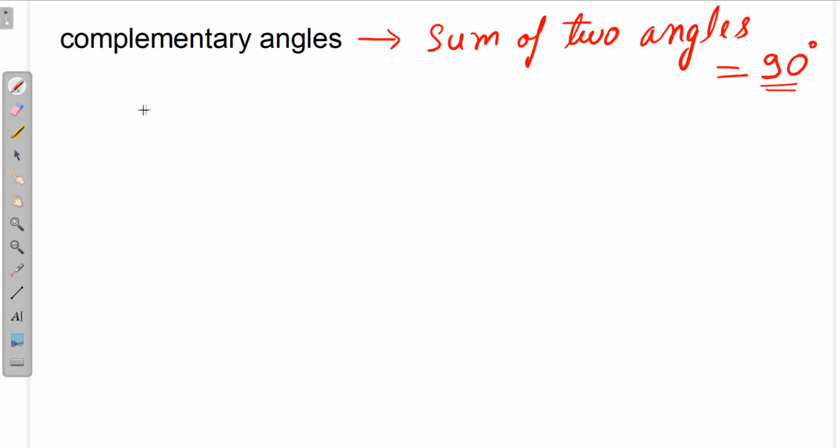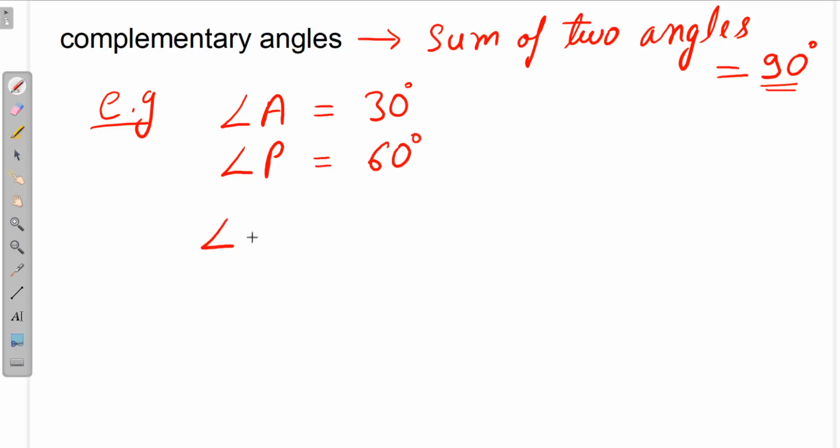Take an example. Suppose that the value of angle A is 30 degrees, and the value of angle P is 60 degrees.